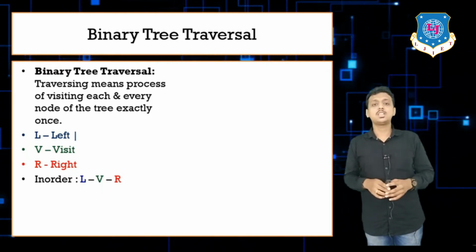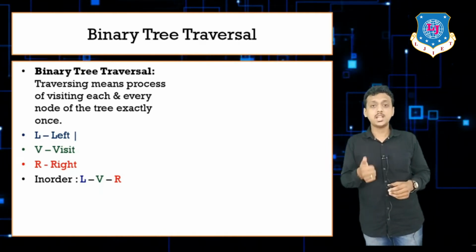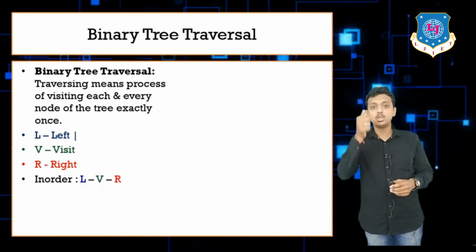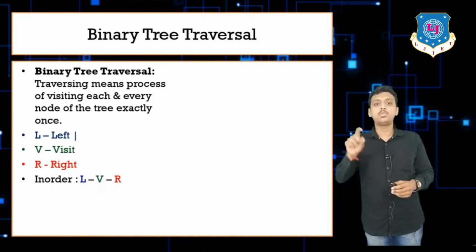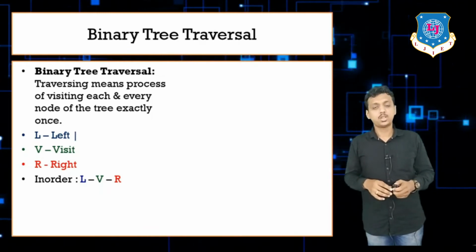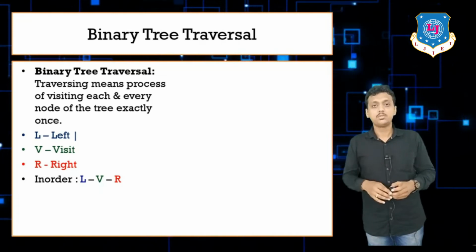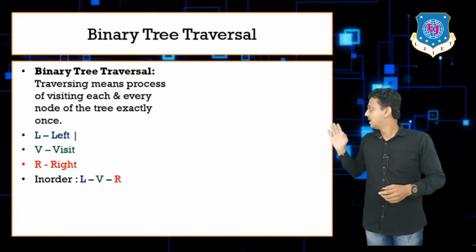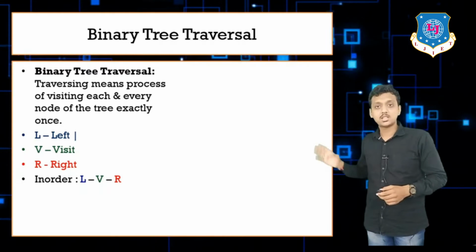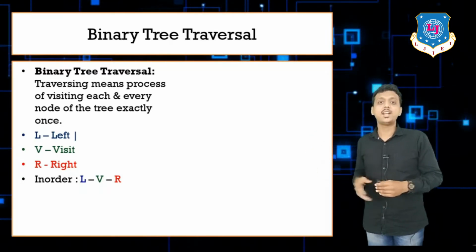First is in-order, in which V stands for visit. Where you are visiting a node in between the elements, that is known as in-order. The name shows how we are visiting the nodes. In-order is LVR: L stands for left, V stands for visit, and then move towards the right side.